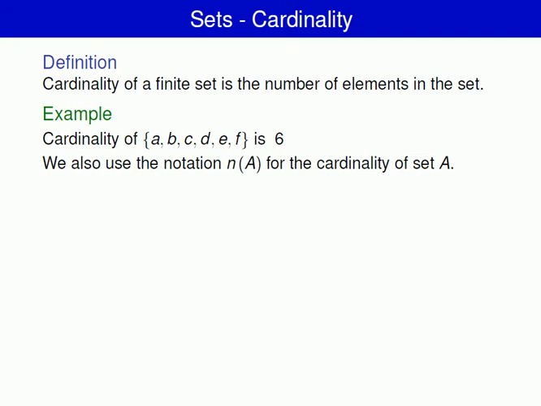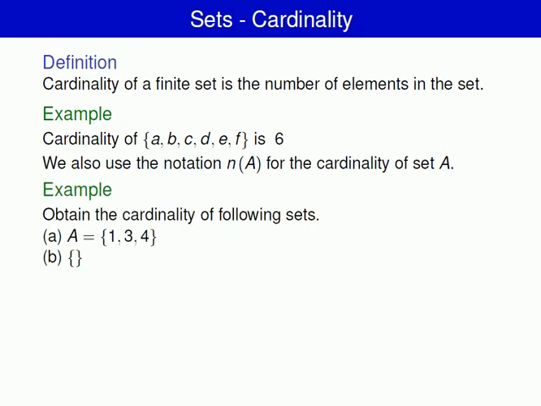Here's the notation we use to represent the cardinality of a set, N of A. N within parentheses, the set we want to look at the cardinality of. So within the parentheses you can put any set, B, C, D, or any other label you're using. So here are two examples. The set A is equal to {1, 3, 4}.